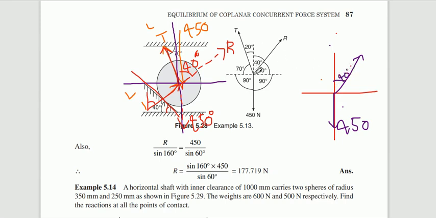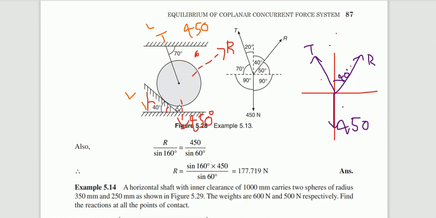And again the tension force is in this direction only. So you can write the tension force, that is T. This is R and this is T. So now you have to find out the inclination of this T. Just observe the figure and tell me what is the inclination of T here.